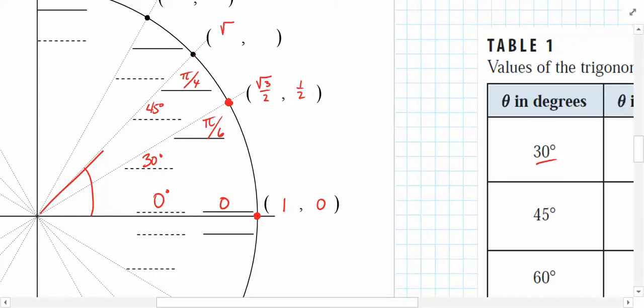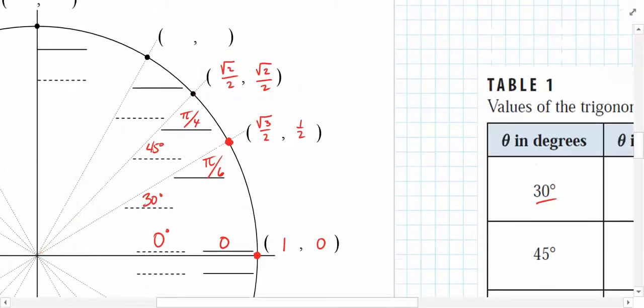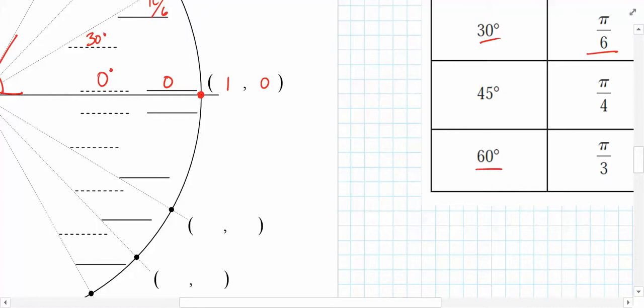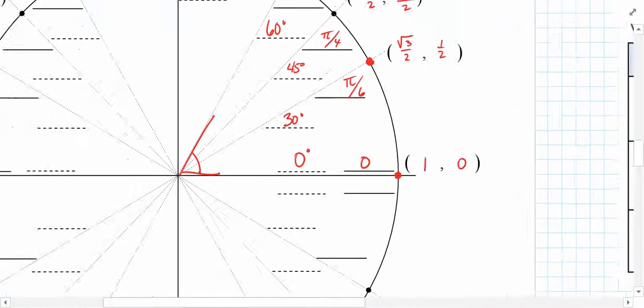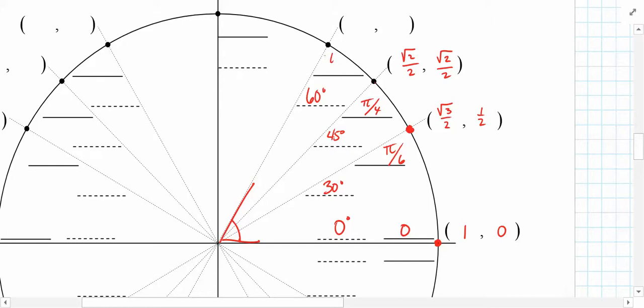And those side lengths are square root 2 divided by 2 and square root 2 divided by 2. The next angle measure is one more beyond that. It's a little bit steeper than the others. This happens to be the 60-degree measurement from our table. 60 degrees is also the same as pi divided by 3 radians.